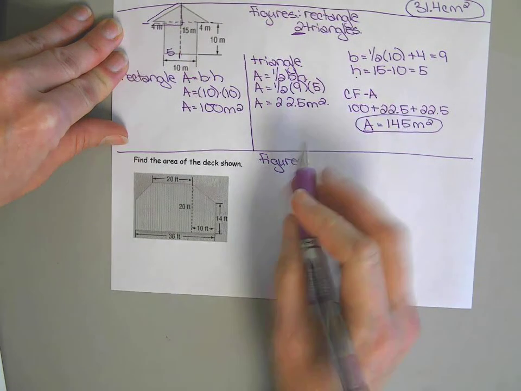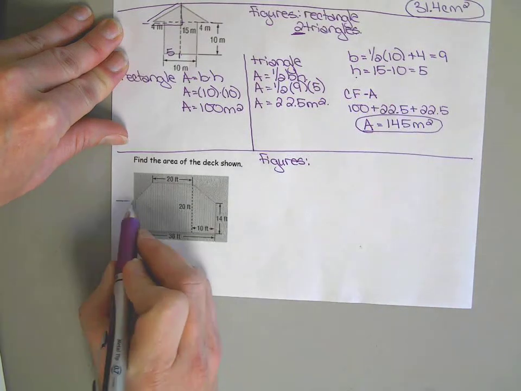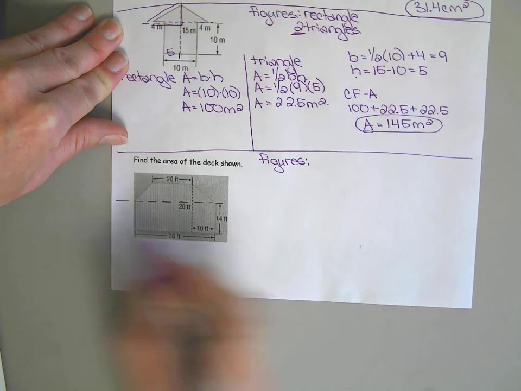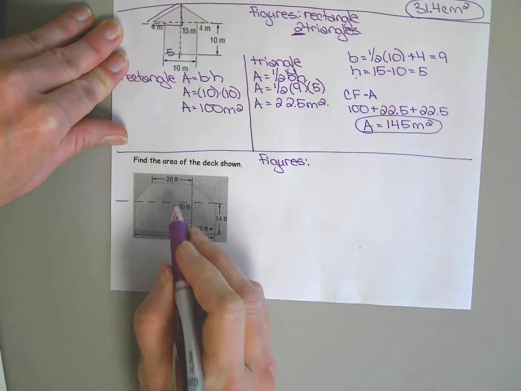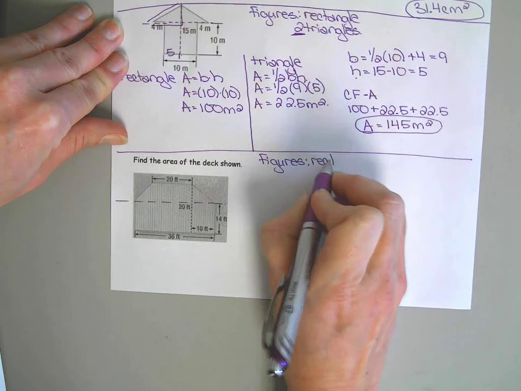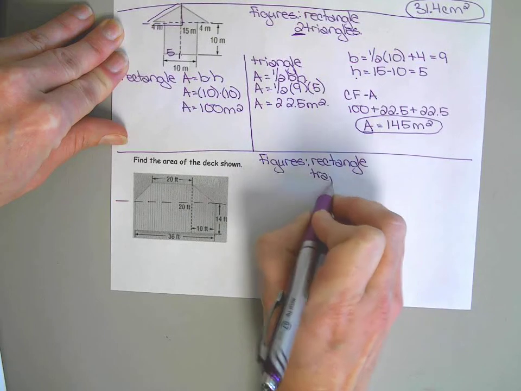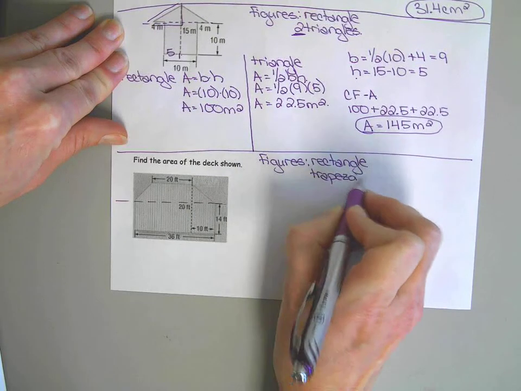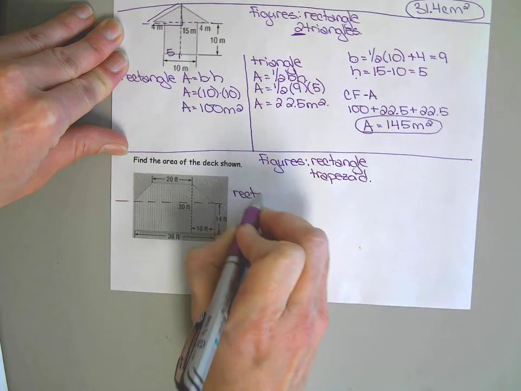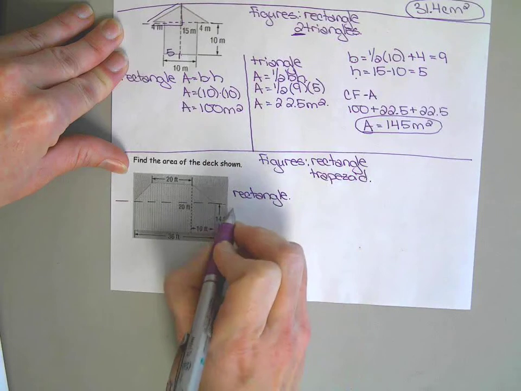So as far as our figures, here we have a rectangle on the bottom and a trapezoid on the top. And we know the formula for both of those figures. Again, we can quickly knock the rectangle out.